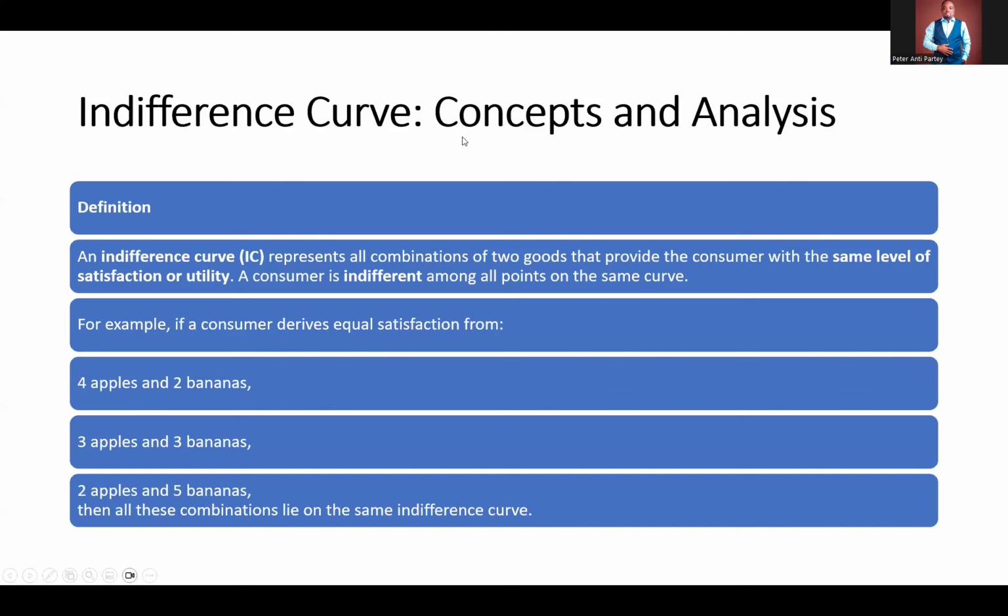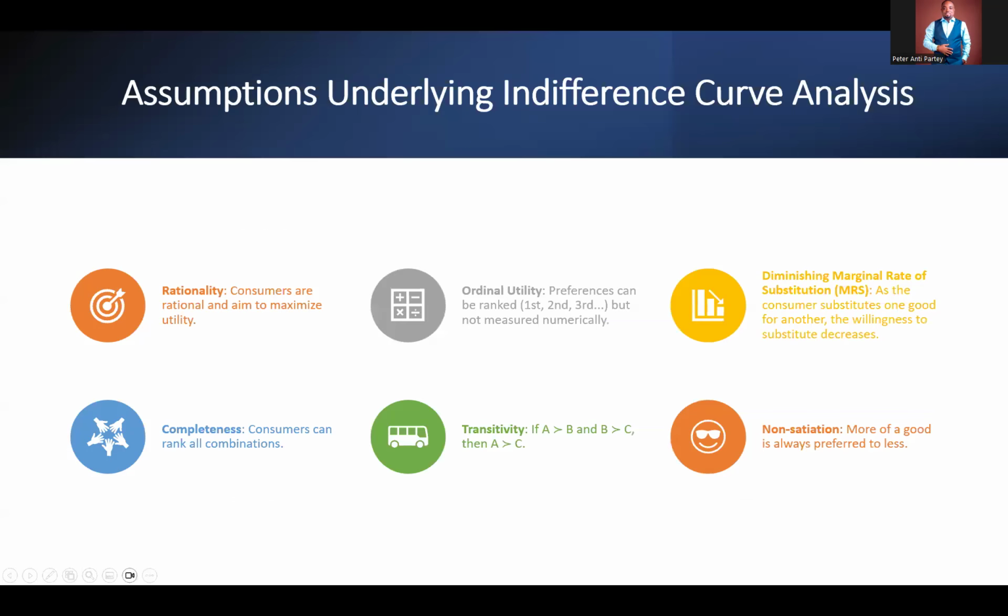Now, what are the assumptions underlying indifference curve analysis? Remember, we said that in economics, we make a lot of assumptions to ensure that our analysis makes sense. So the first assumption is that the consumer is seen as rational and he aims to maximize utility.